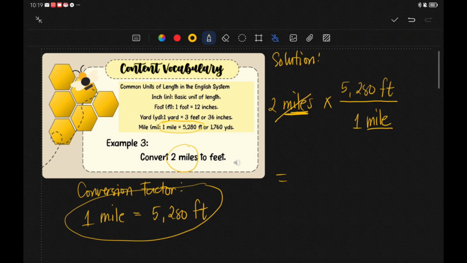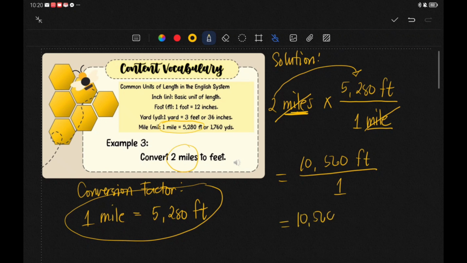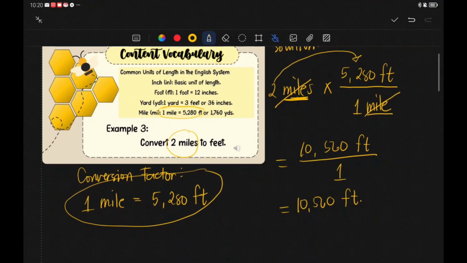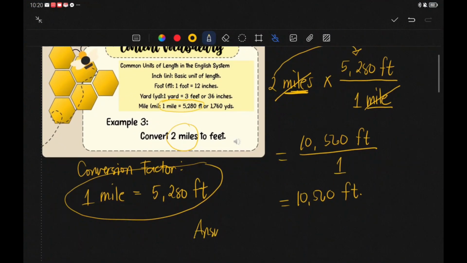So, cancel out mile. 2 times 5,280 feet will become 10,560 feet over 1. 10,560 divided by 1, that is 10,560 feet. Therefore, your final answer is that 2 miles is equal to 10,560 feet.